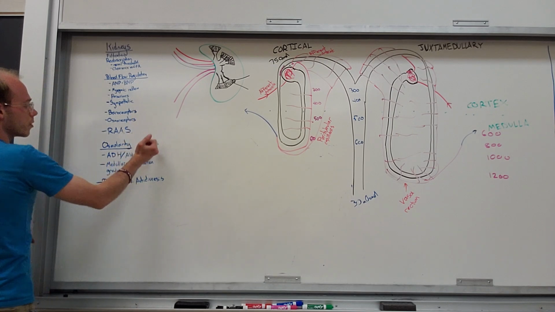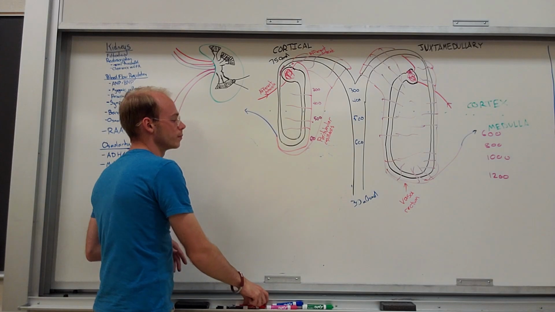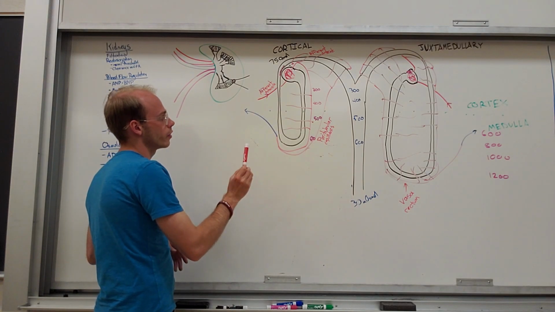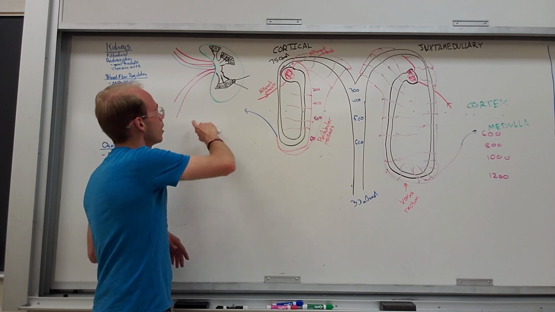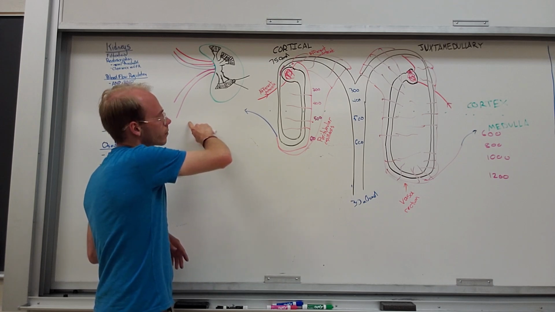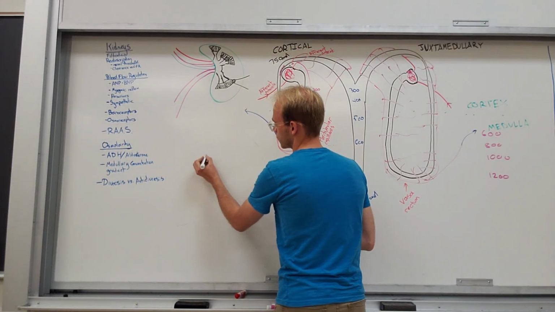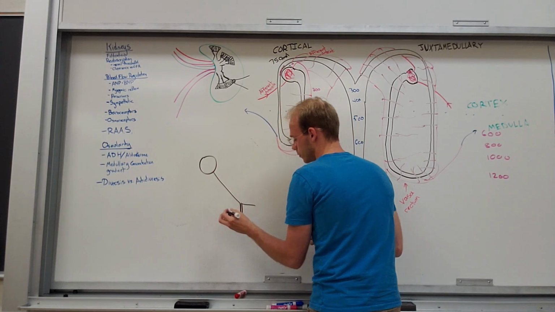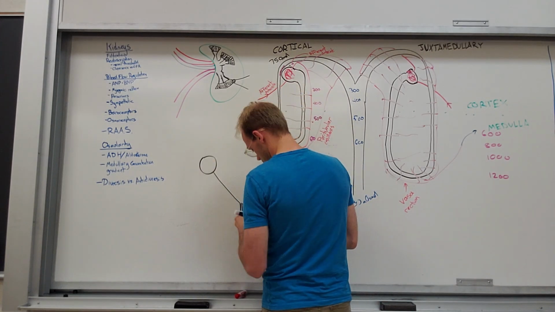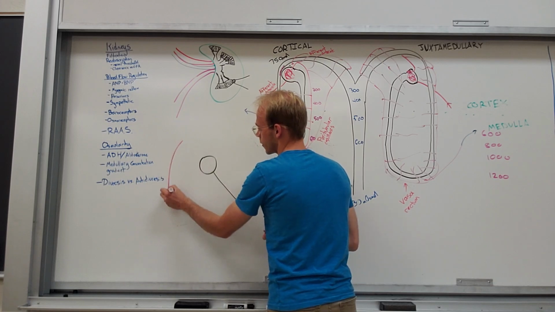We have osmoreceptors. This is a really interesting thing. I'm going to draw it this way because this is the way that I make sense of it in my head.